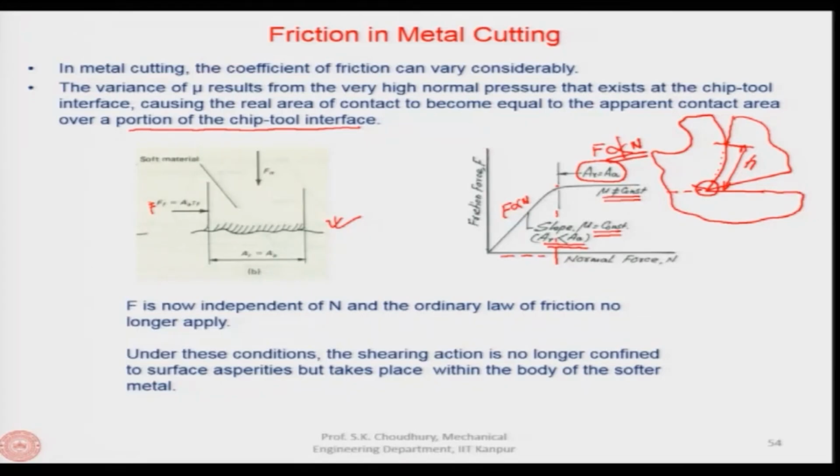There, F does not depend on N; they are not proportional to each other. F is now independent of N, and the ordinary law of friction no longer applies. Under these conditions, the shearing action is no longer confined to the asperities, and it happens inside the softer material.